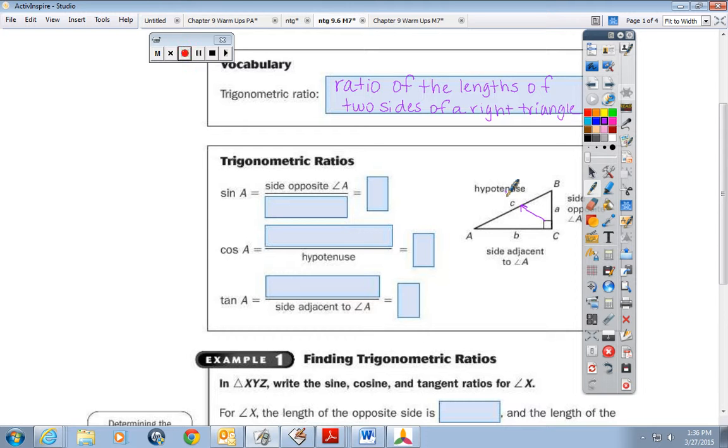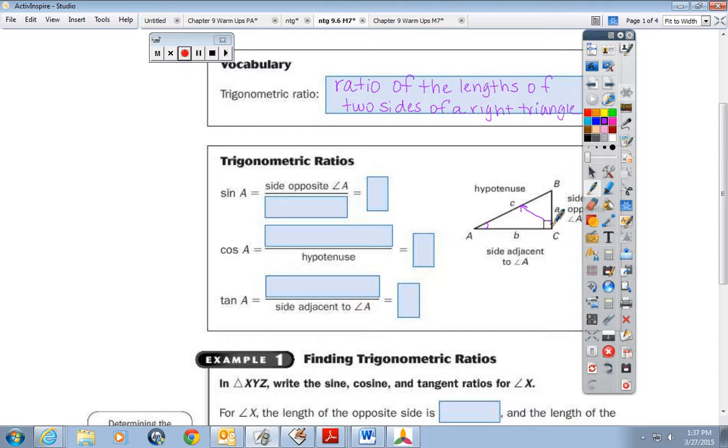So for these triangles, we're talking angles and sides. The angle is the angle measure here, and then the side lengths are here. You can see from this diagram that the angles are listed in capital letters: angle A, angle B, and angle C. And you can see the measure of angle C is 90.